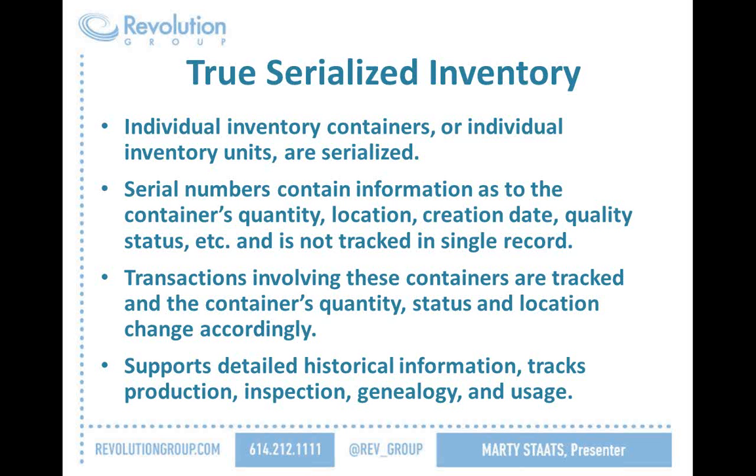And these details are not tracked in a single record as they are in some legacy systems, which we'll talk about shortly. The transactions involving these containers are tracked along production, and as things change, they're updated accordingly.